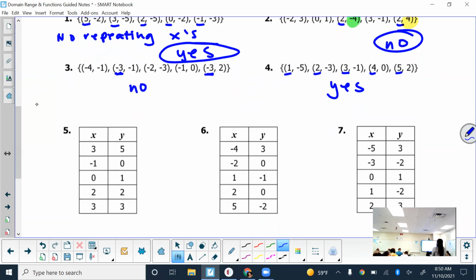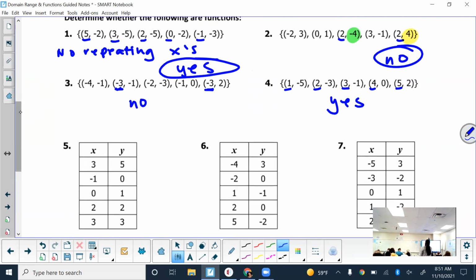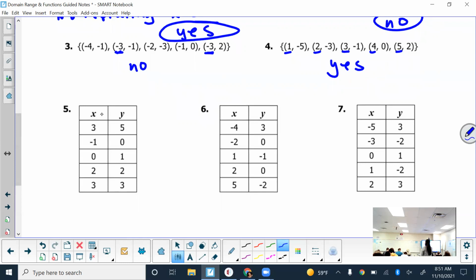All right, and then I know we didn't cover it today, but you guys all seem to know it before. If I ask you for the domain and range, domain is all the x's and range is all the y's. All right. Number 5. Look at it. Don't say it yet. Is it a function? No. Which one repeats? 3.